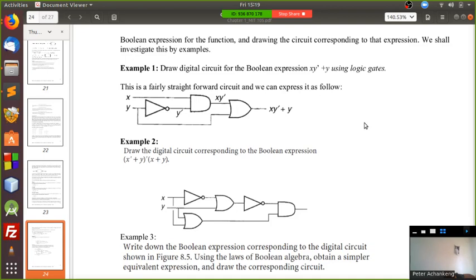Is there anybody who has not seen the difference between the OR and the AND gate? You cannot see the difference. Maybe you need glasses, or you don't see the difference between the diagrams. So this is the output. Have I made a mistake? No, I'm not. That's the output, which is x prime plus y.